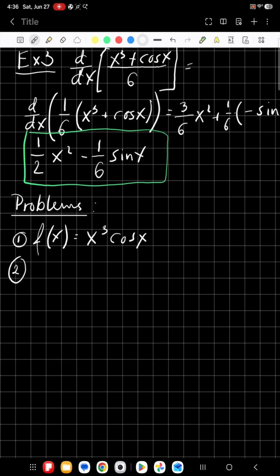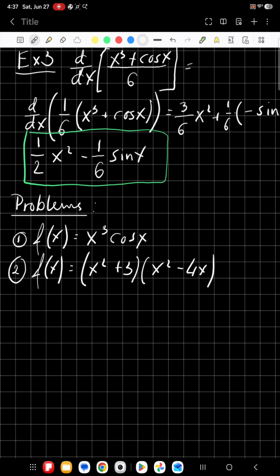The second one, f of x equals x squared plus 3 times x squared minus 4x. In this one, you can of course multiply it out, FOIL it, and then you'll have just a polynomial to take a derivative of.